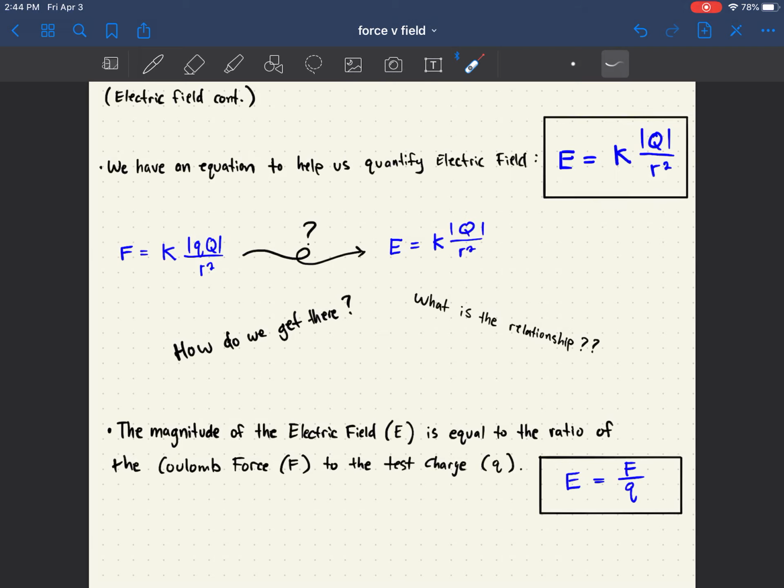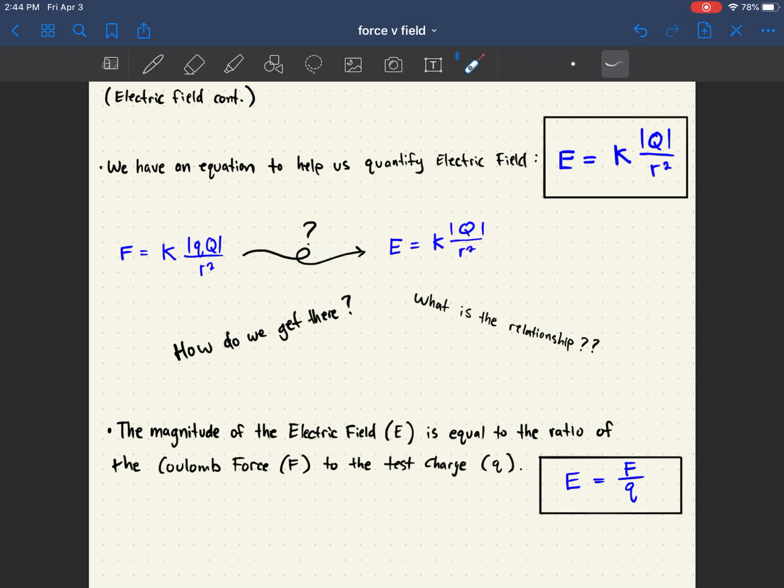We do have an equation that helps us quantify the electric field, as illustrated in this box. The electric field is equal to that same constant k times the test charge over distance squared. So we just talked about this rewritten Coulomb's law equation, and now we have this electric field equation, and there is a relationship between the two of them.